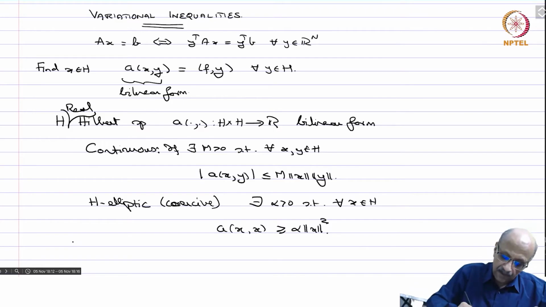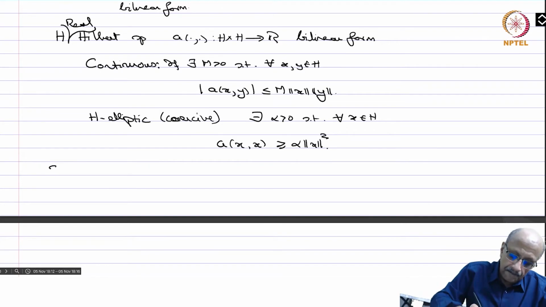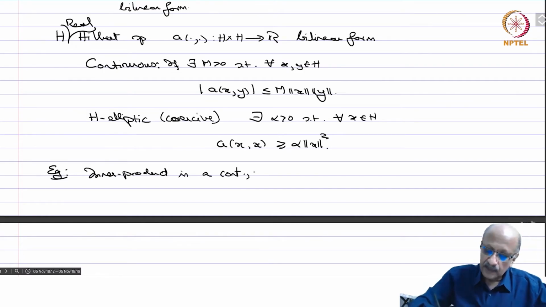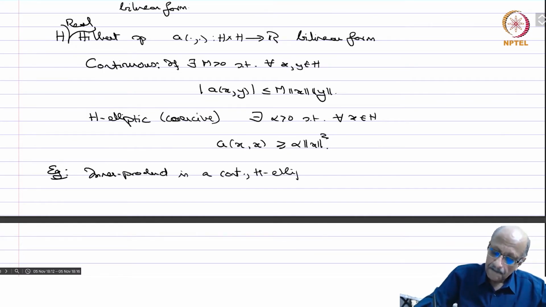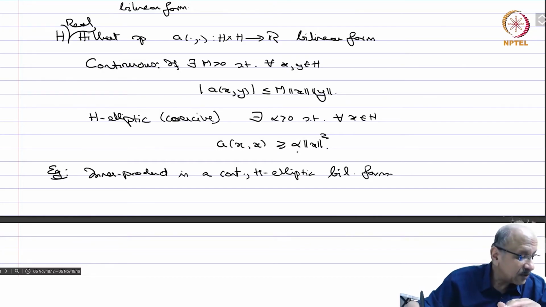Okay, so example, the inner product is a continuous H elliptic bilinear form. It's bilinear and then it's continuous by the Cauchy-Schwarz inequality, and H elliptic, in fact (x,x) gives you norm x squared itself, so alpha equals 1.